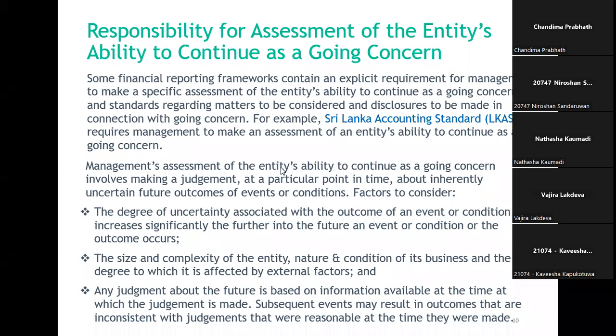The size and complexity of the entity, the nature and condition of its business, and the degree to which it is affected by external factors. So all that will be impacted. Now, if you take the export sector, the apparel sector during the last quarter recorded the lowest export income, about 318 million, right?